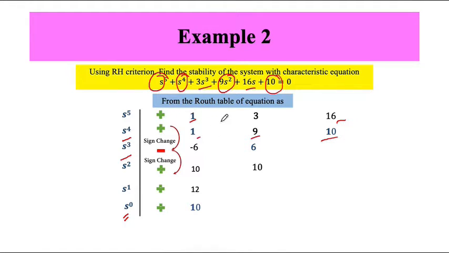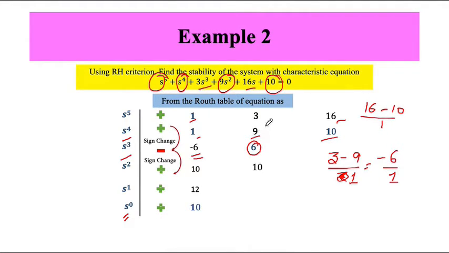So I have mentioned all the coefficients. Now this will be 1 into 3 minus 9, divided by 1. So it is minus 6. Similarly, 1 into 16 minus 10 divided by 1 is 6.